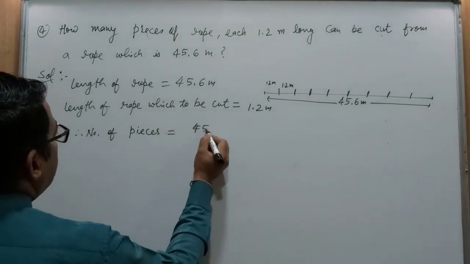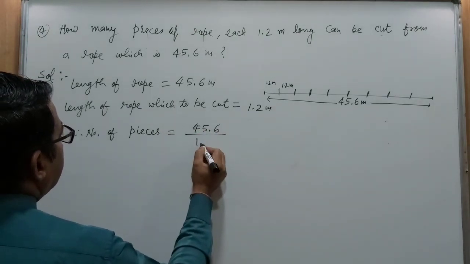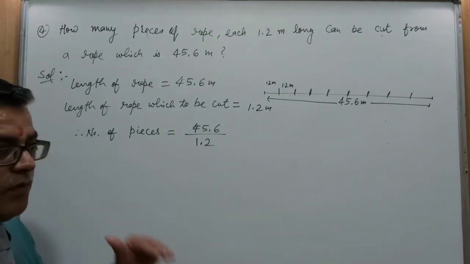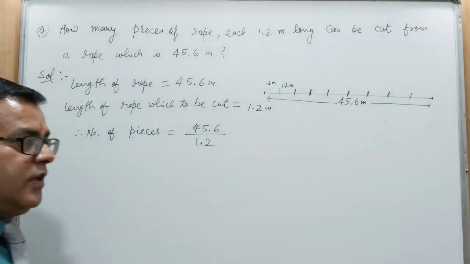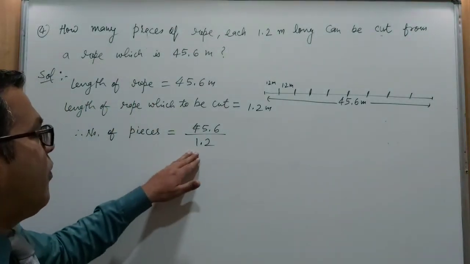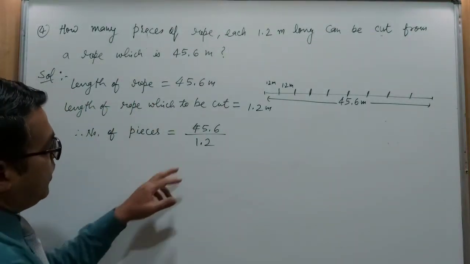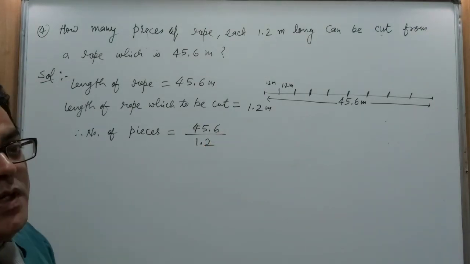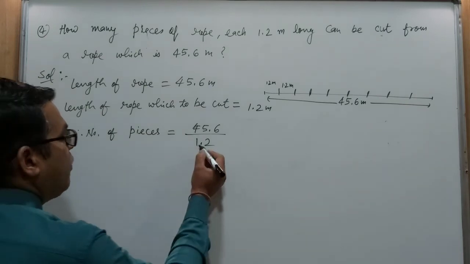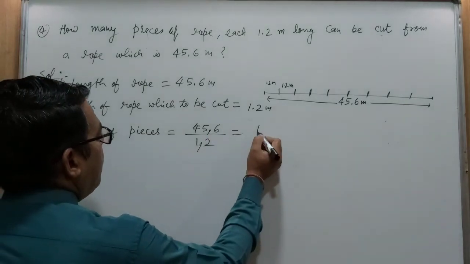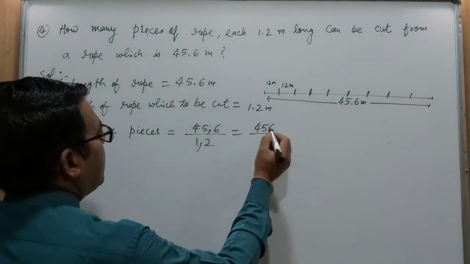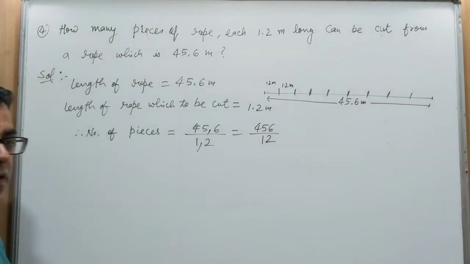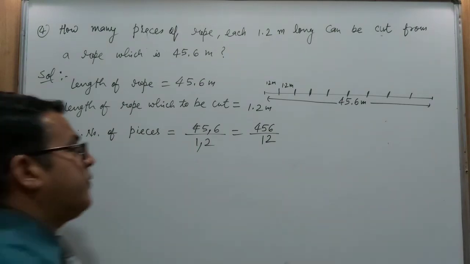What to do? We can divide it. The same concept we'll use here. The rule is we should remove the decimal point from the divisor. We know that divisor and dividend both have the same number of places after the decimal point, so we can directly remove it. So 456 by 12 we can write. Now we can divide it.